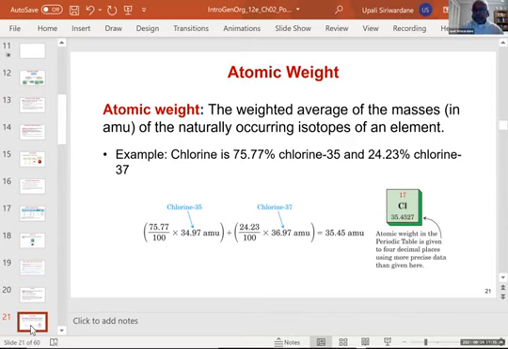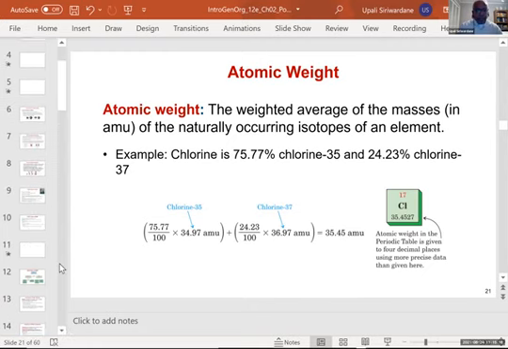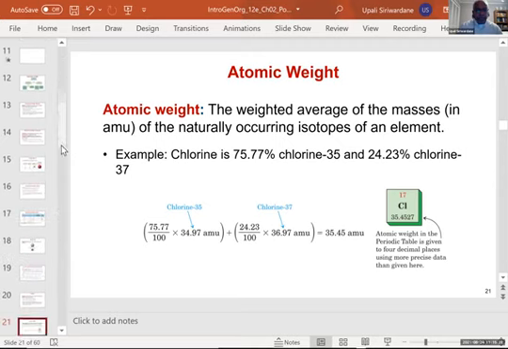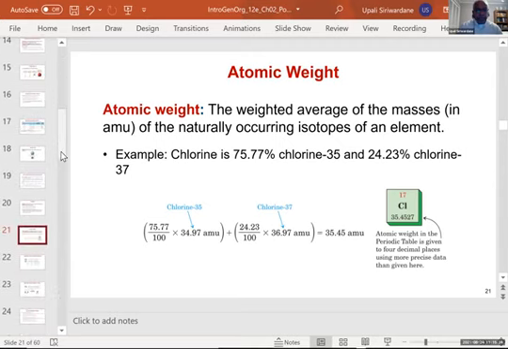So different elements have different atomic masses based on isotopic distribution. You can calculate the atomic weight if you are given isotopic masses and natural abundance percentages.